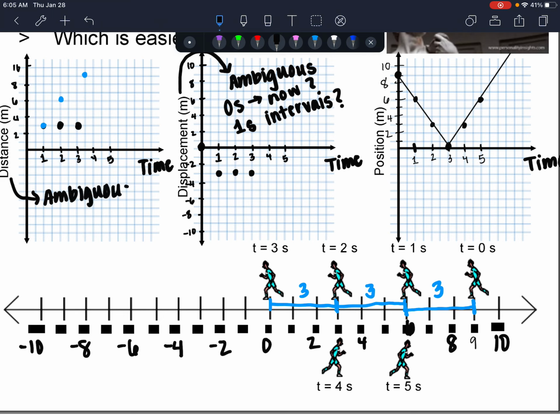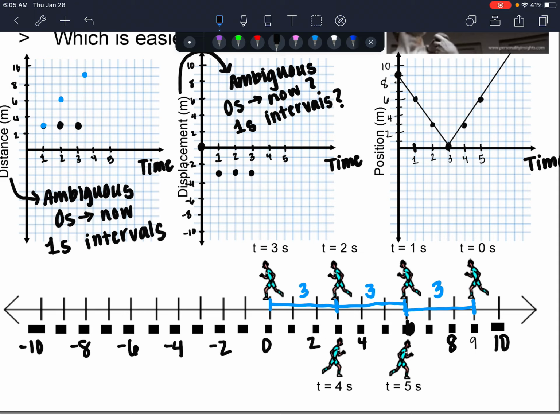Because I can't find my distance at a moment in time. It's always between intervals. So we're not sure when we're talking about distance versus time if we're plotting the distance from 0 seconds to now, or if we're talking about the distance between 1 second intervals or 2 second intervals.